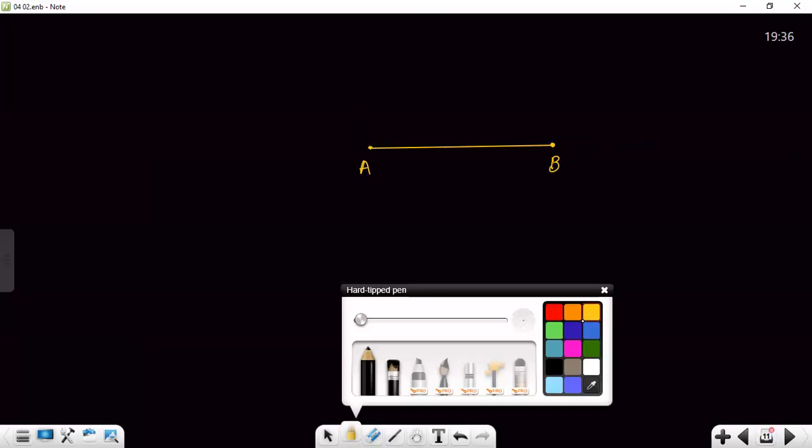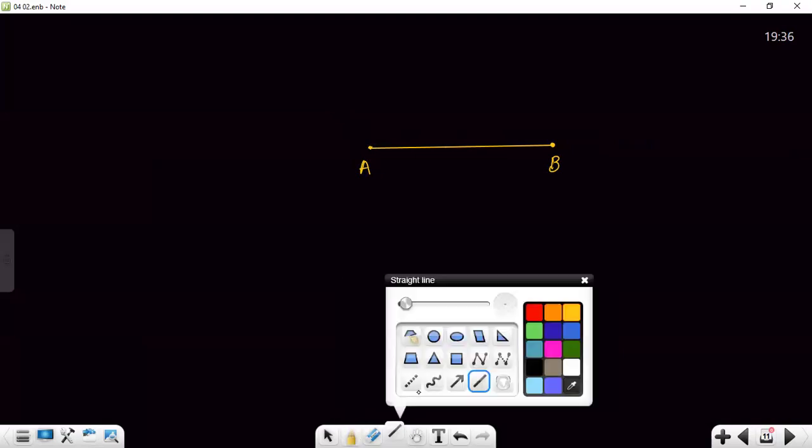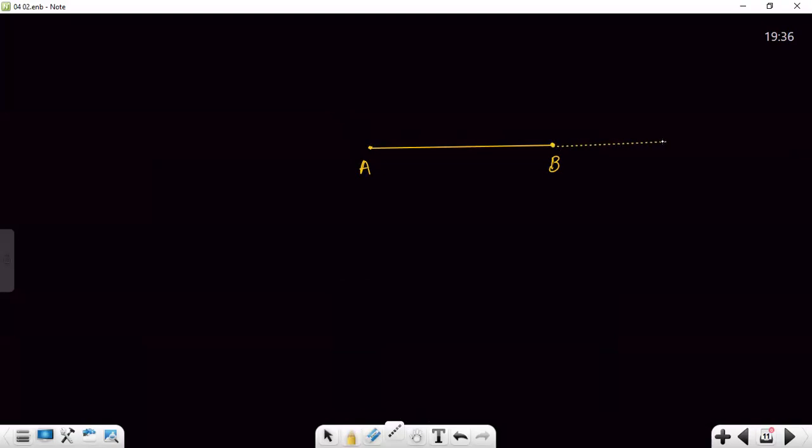Now comes a point, and that point is on the same straight line, but on the extended part. Okay, let me redraw it. But on the extended part, there is a point lying here, C.